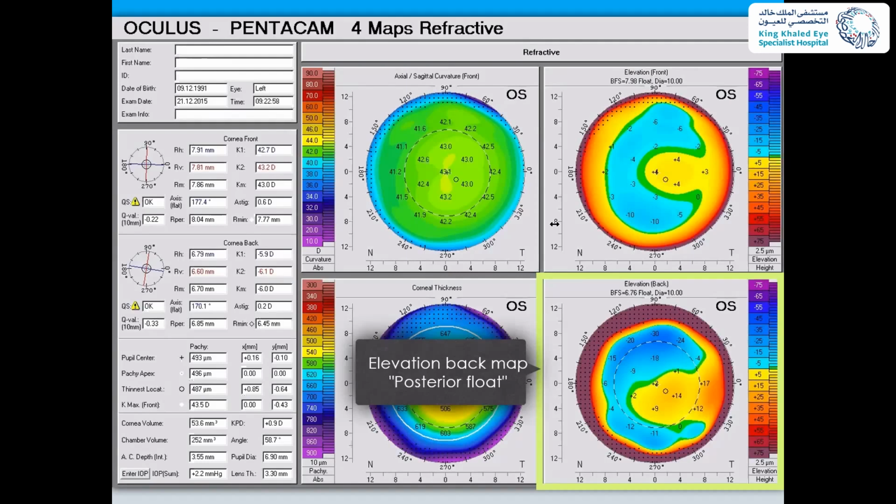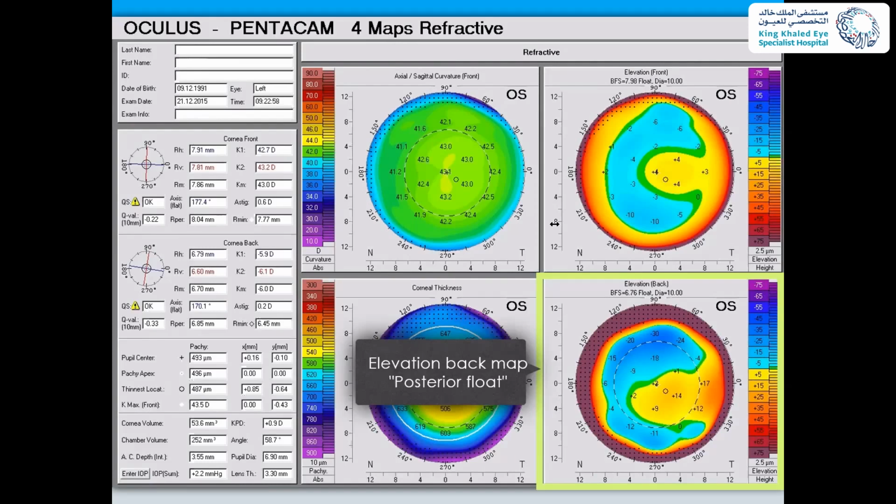If the cone is central, if the Ks are 52 or 50, if the corneal thickness is, let's say, 400, I know that this patient will benefit more with rings compared to the patient who has a cone which is peripheral, not even paracentral, whose Ks are 58 or 59 or 60 even, and whose central thickness is 350. So I know very well.